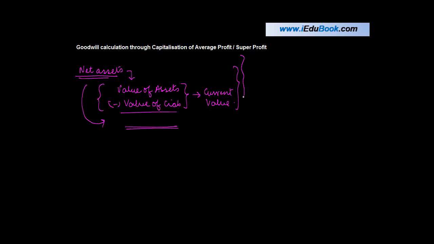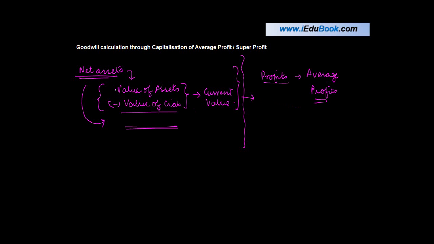Now what happens is, based on these net assets, the company earns some profits, also known as the average profits. These are basically nothing but the actual profits which a company earns, right?